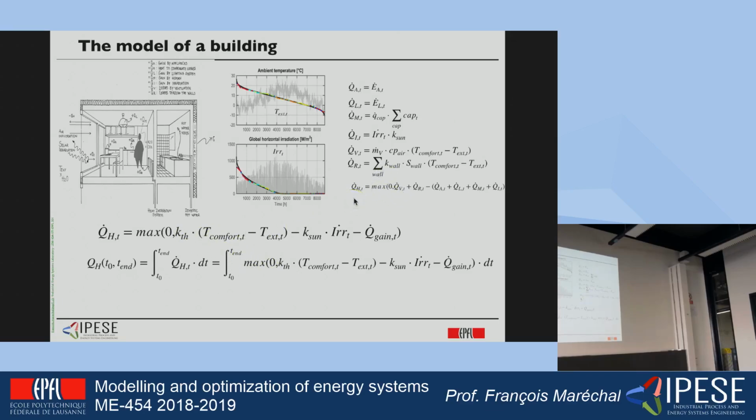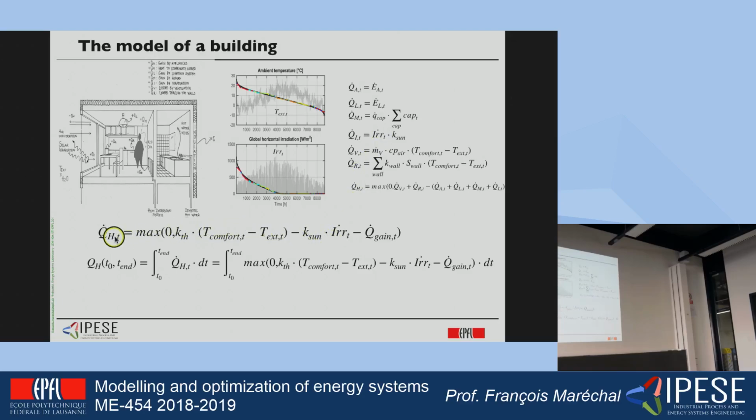And now what I have done here is that I have looked at the formula, and I can realize that at the end I have one driving force, which is the difference between the comfort temperature and the external temperature, and another driving force which is unknown, which is coming from the irradiation.